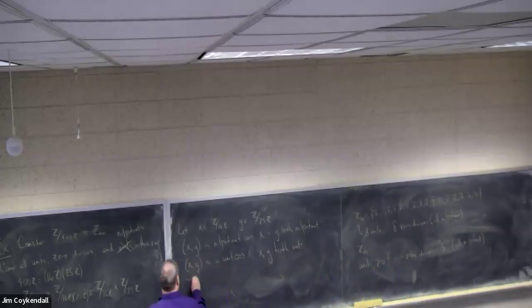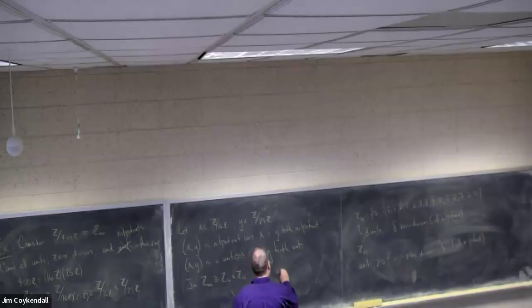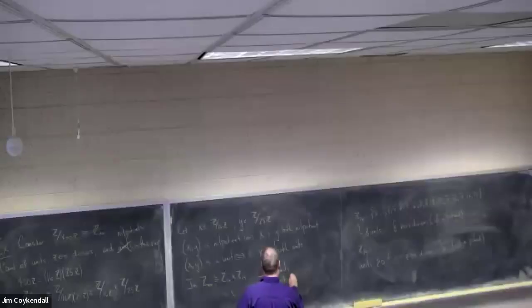So in Z400, which is isomorphic to Z16 cross Z25, how many units do we have? We have 20 units, so they want 160 units. I agree with that.